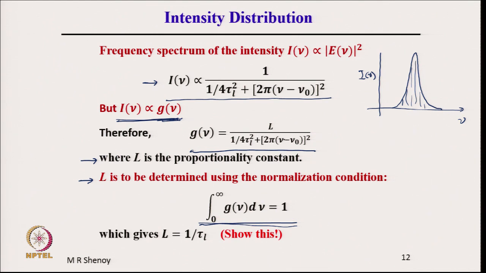So, if we substitute this expression for G nu and integrate, then we will get an expression for L. L is equal to 1 divided by tau L. The slide says show this. Please work this out: simply substitute the expression for G nu in the integral, integrate, and equate it to 1, and you will get the proportionality constant L as 1 divided by tau L.